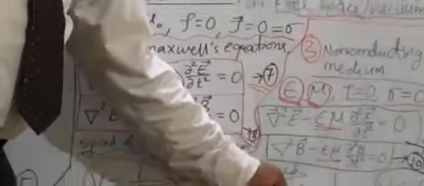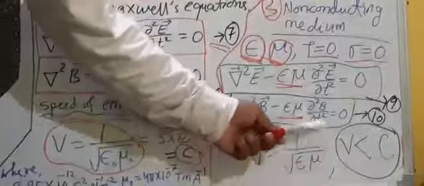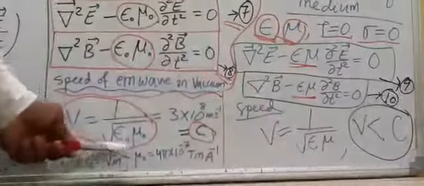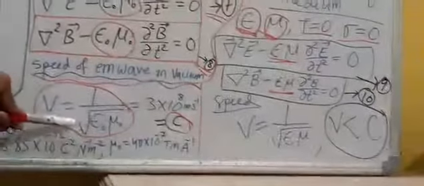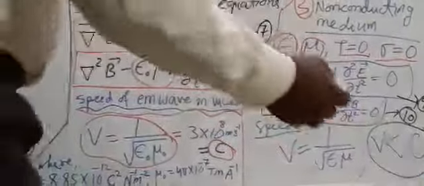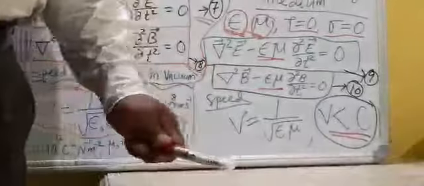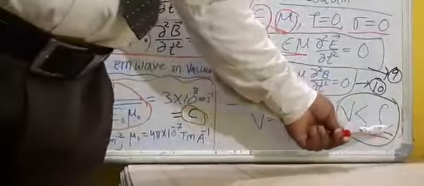Since epsilon is greater than epsilon naught and mu is greater than mu naught, the fraction is less in comparison to the first case, the vacuum or free space case. Therefore, the speed in any medium is less than the speed of the wave in free space.